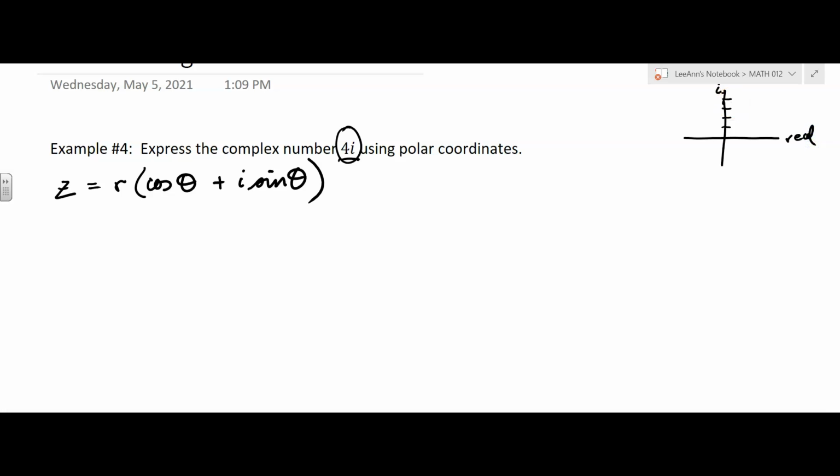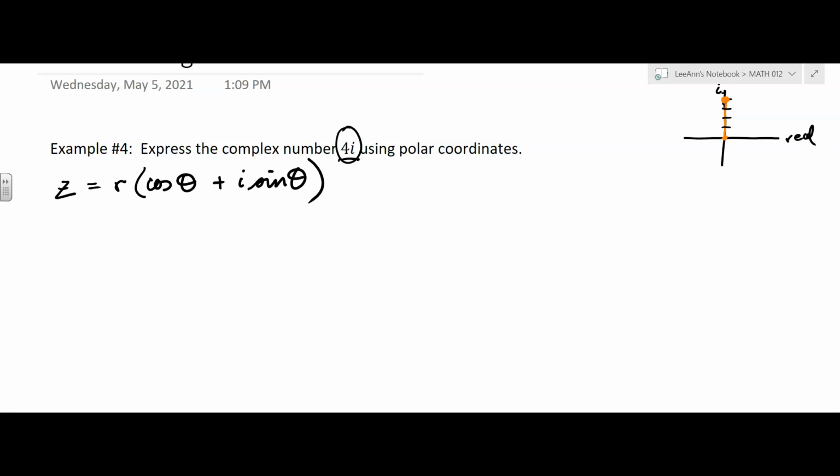And to graph that in the complex plane, it would look like that. Well, you can see then the distance from the origin to the point, right? Okay, so you could just count that out.